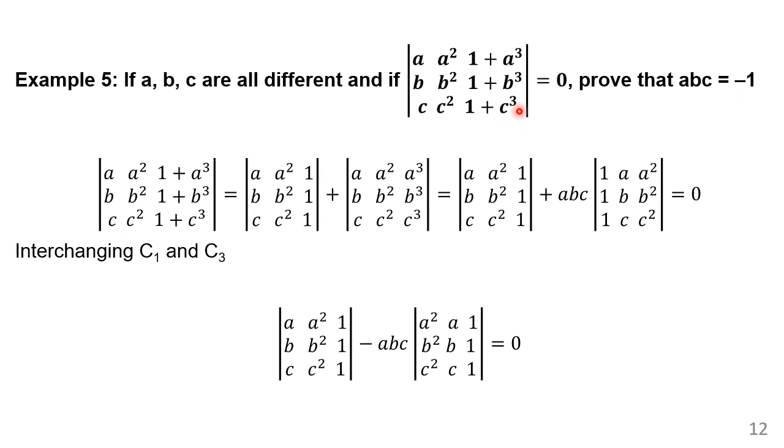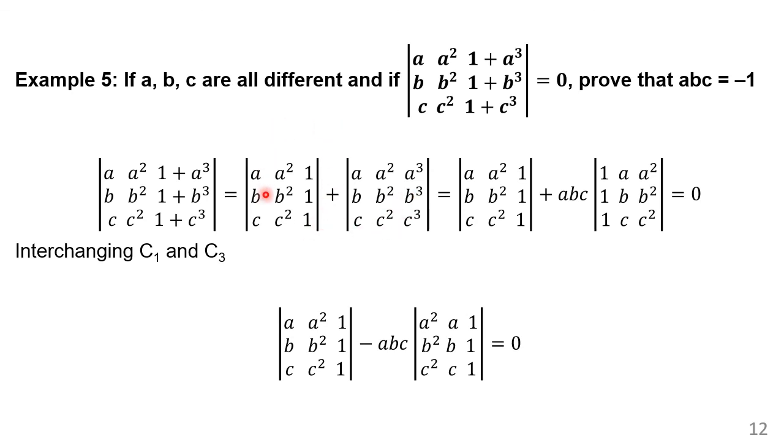Let us consider the determinant given to us, and we apply the linearity property and split it into two determinants: the determinant of A, A square, 1; B, B square, 1; C, C square, 1, plus the determinant of A, A square, A cube; B, B square, B cube; C, C square, C cube.